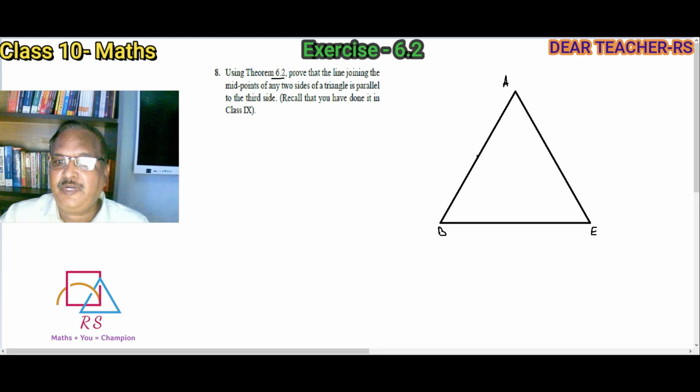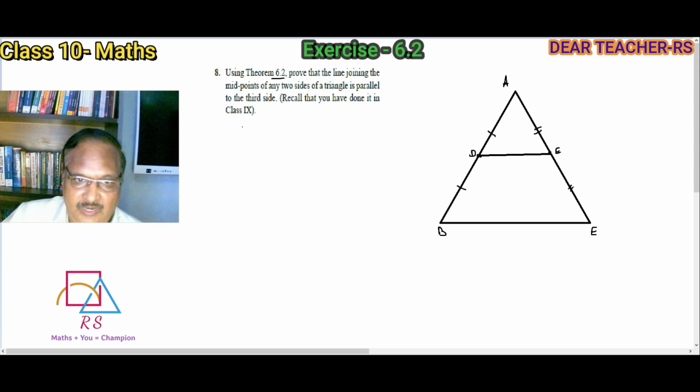So now midpoints are given. D is midpoint, AD is equal to BD, and E is also midpoint, AE is equal to CE. So if you join it, you will be getting DE. Now you have to prove that this DE is parallel to BC. Now let me write the given.